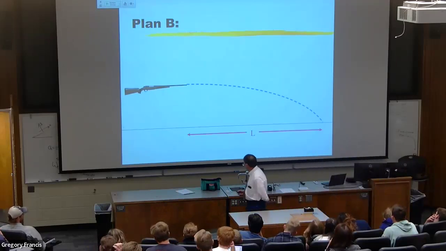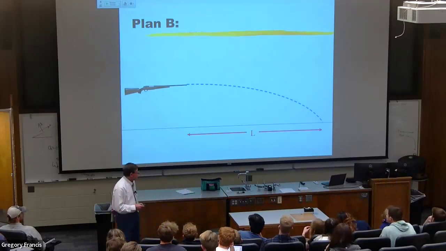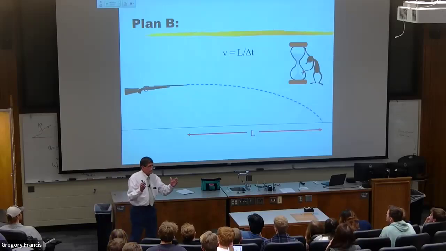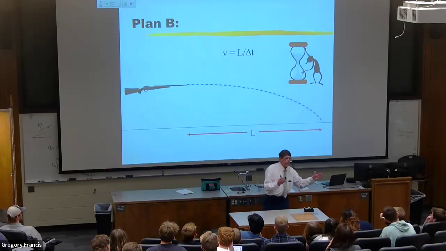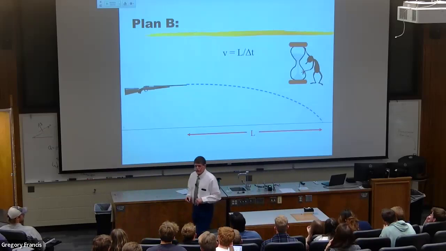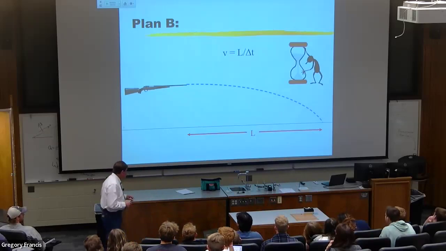Now, if we were to measure the distance it goes before it lands and the time that it takes, dividing that distance by that time would give us the muzzle velocity. Because remember, the horizontal velocity doesn't change as time goes on if you ignore air resistance, which is kind of a sketchy thing to do with a bullet, okay? But we do it anyway.